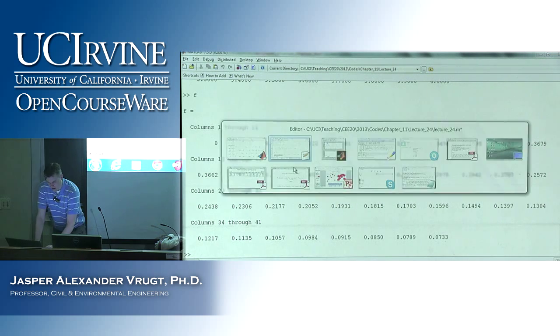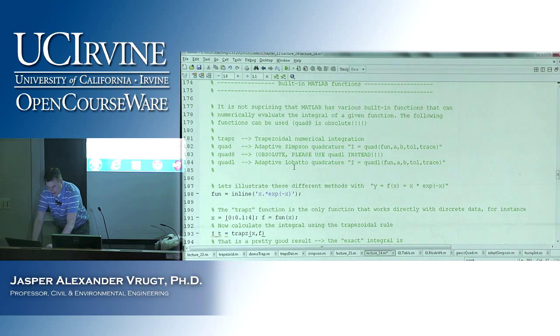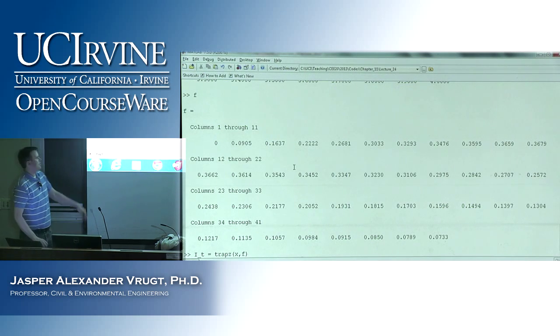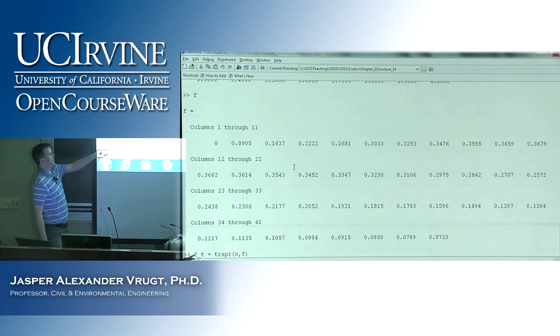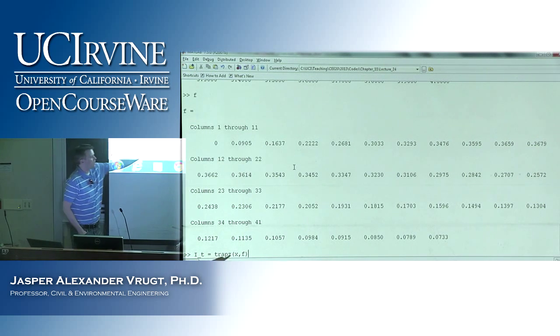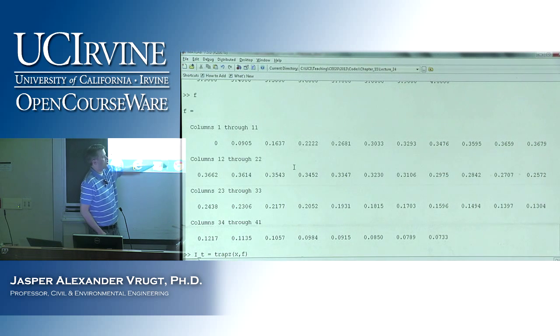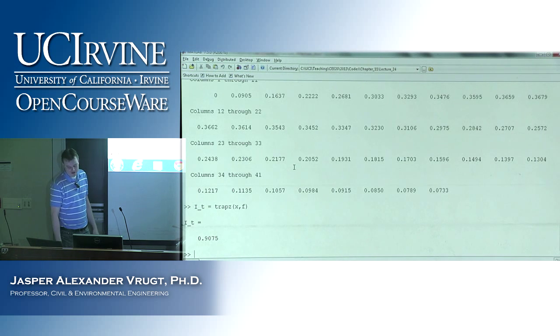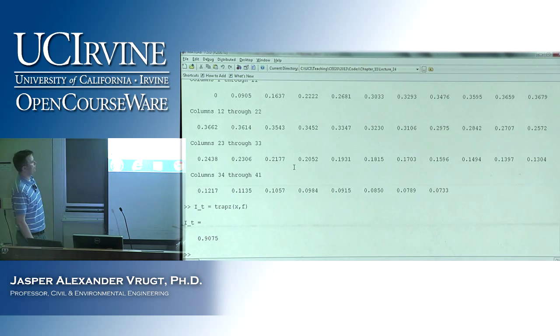Now, I can very simply integrate. If I do this, I_t, which means the trapezoidal integral, is trapz, that built-in function, which asks for the x values and the corresponding function values. And it gives you an estimate, 0.9075.